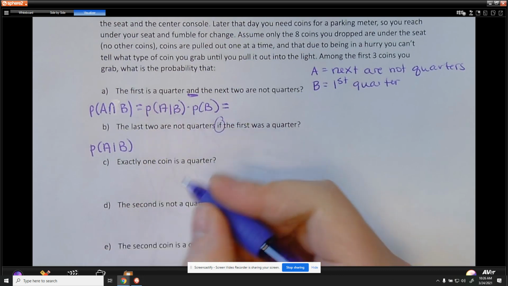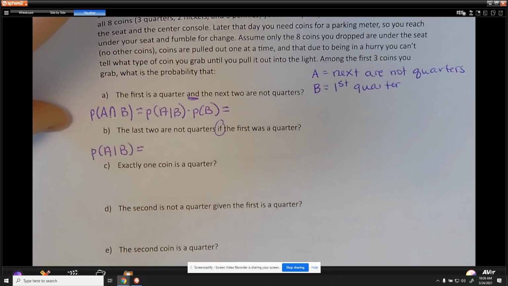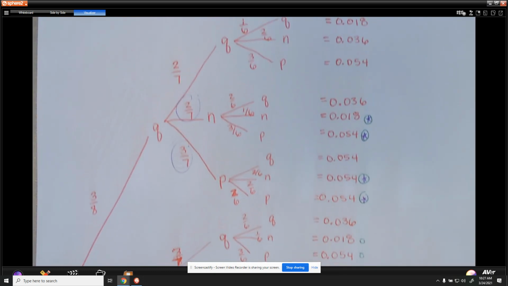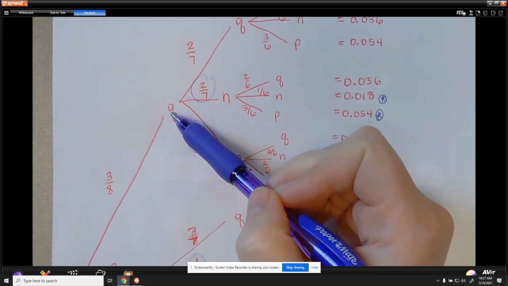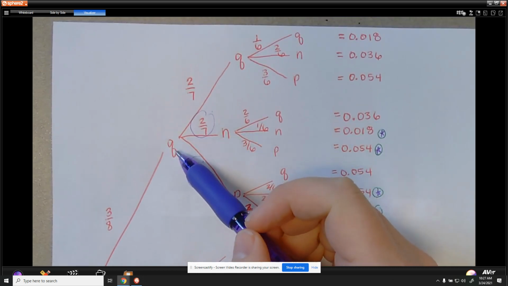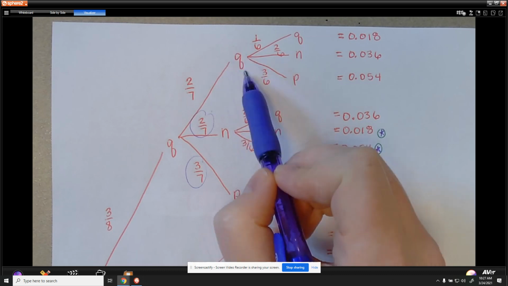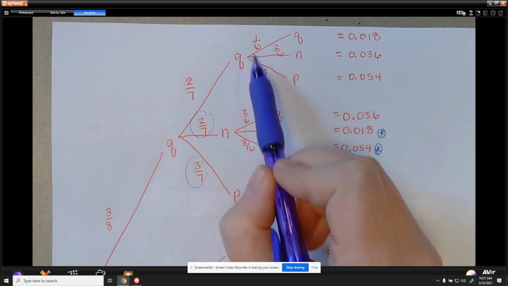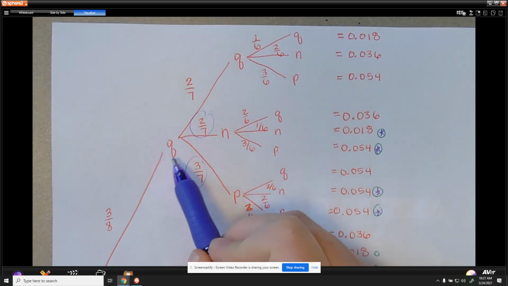So A given B, we're going to use the tree diagram, and I've already got all of those. That's when you multiply across a tree diagram. So we want to know the probability of the first coin being a quarter and the next 2 not being a quarter. All right, so I'm going to really mark these up. First one's a quarter. Next 2 are not. So we cannot use anything on this branch because the second coin is a quarter. So nothing out here that we need. All right, so we'll go back. First coin I draw is a quarter.